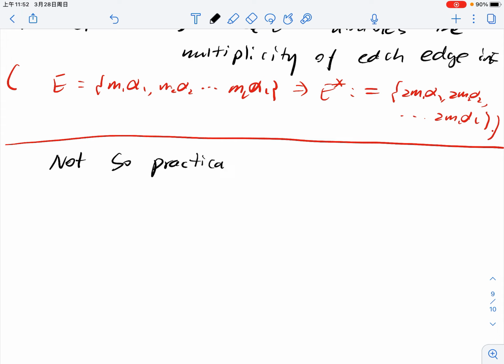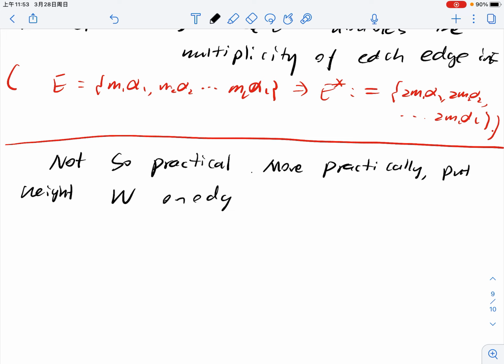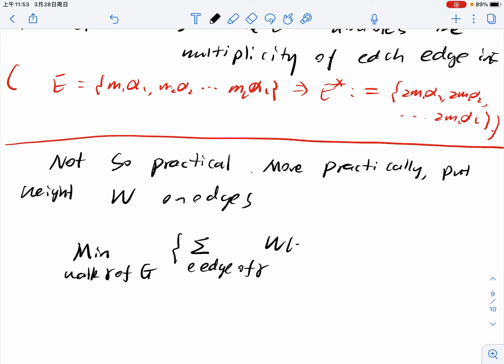A more practical way is to assign different weights W to different edges. And what we are going to do is minimize the summation of the weights.